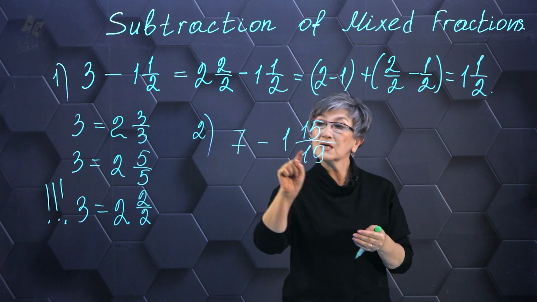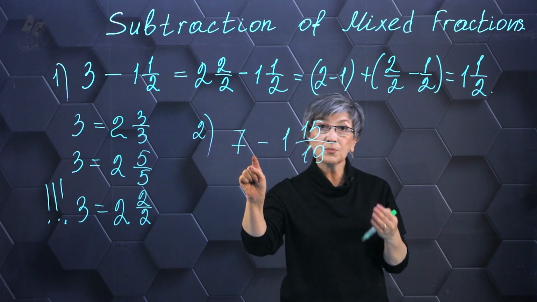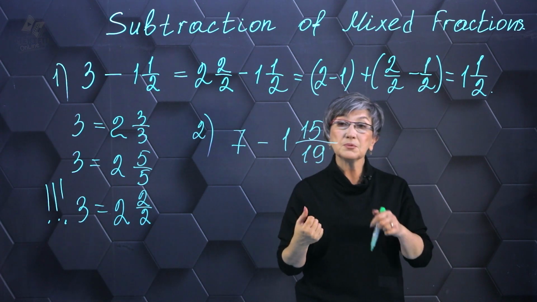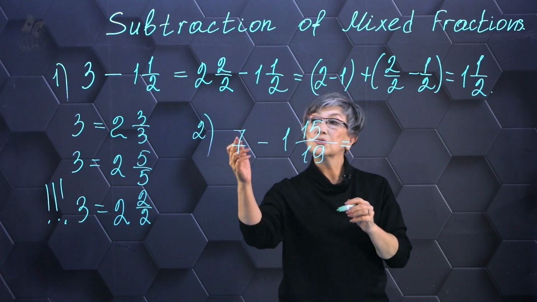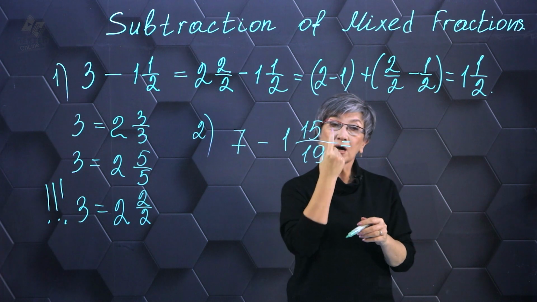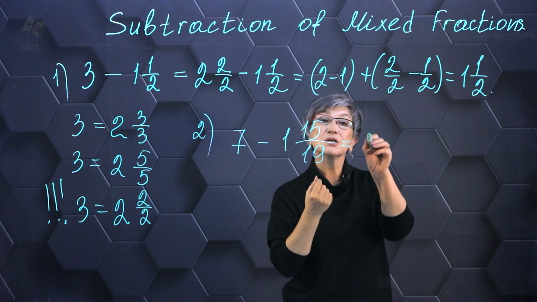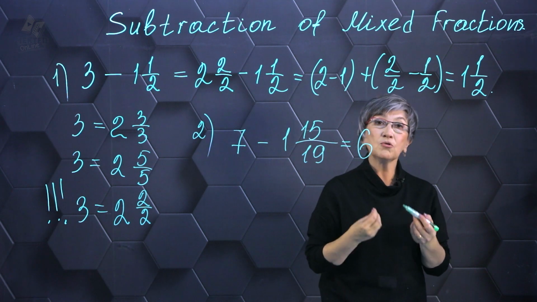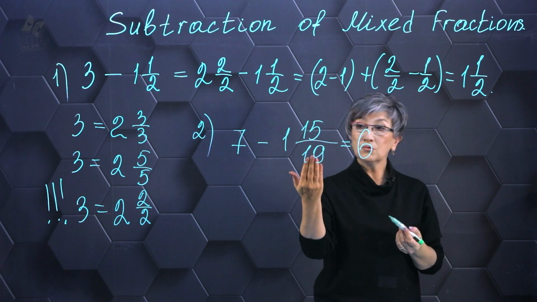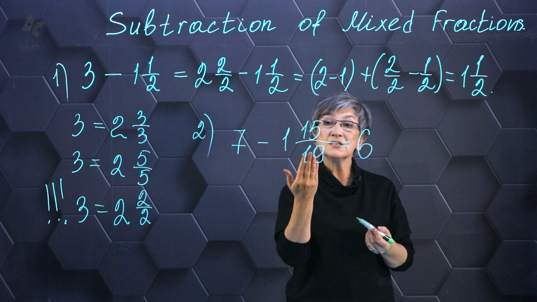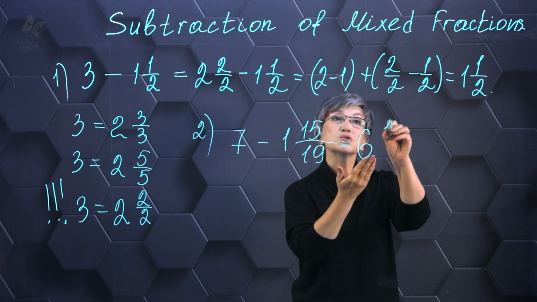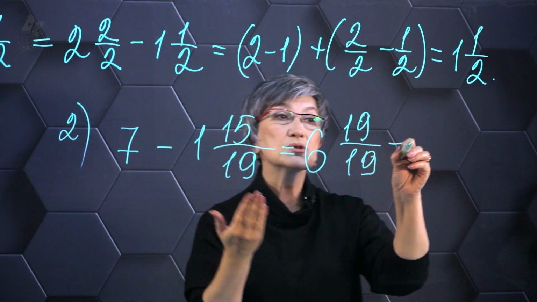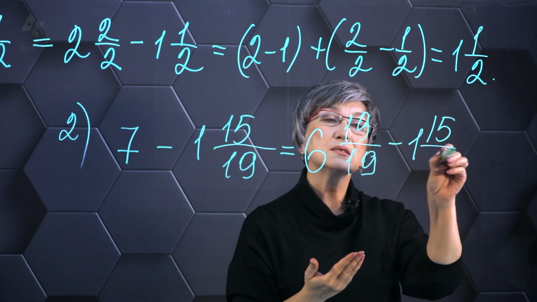But here the denominator is 19 and there is no fractional part. So I'm going to write down the fractional part. And how do I write it down? I take away 1 whole from the 7. I get 6 whole ones. Well, now it's not hard to guess what denominator we need. We have a denominator of 19. So I write 19/19 and minus 1 whole and 15/19.